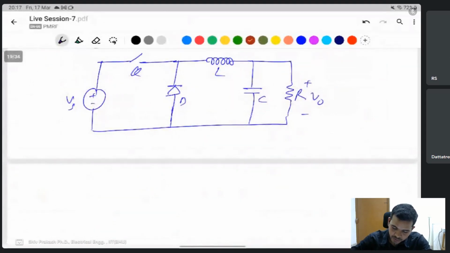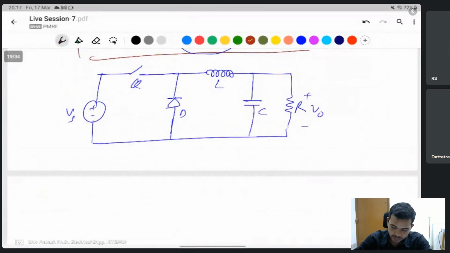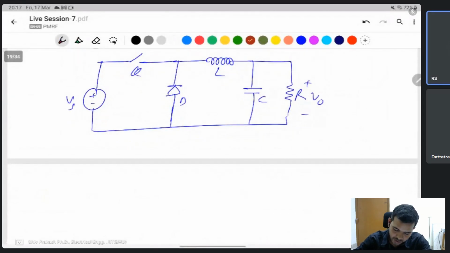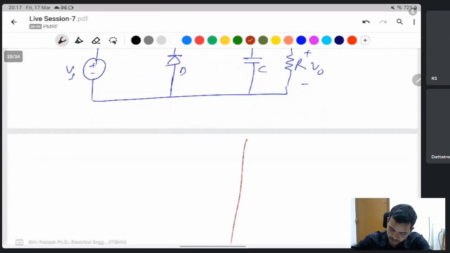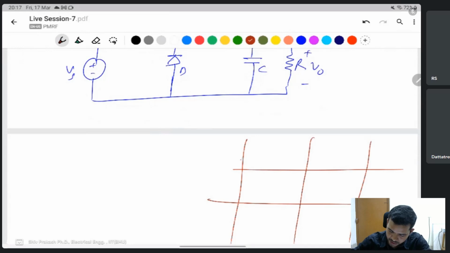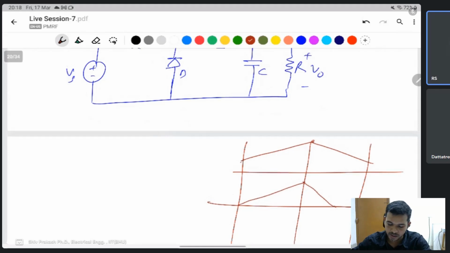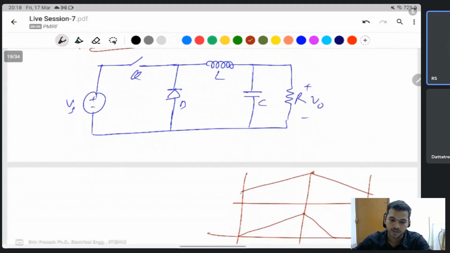Here, if you observe, I have taken a buck converter as an example, in continuous conduction mode or discontinuous conduction mode. This one is the continuous conduction mode. Sir, if you increase the frequency, the ripple in the current will decrease.